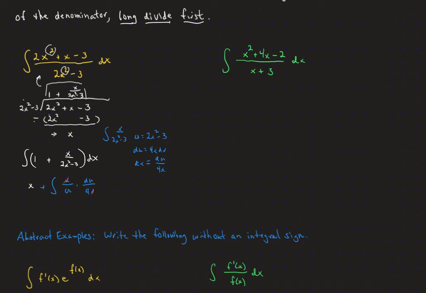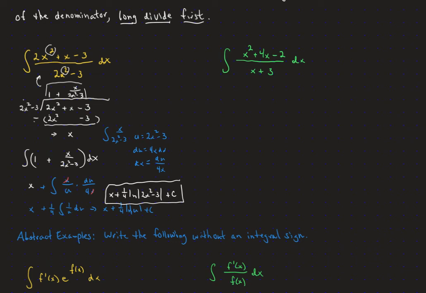We'll account for that extra x. We can pull the 1/4 through and integrate our 1 over u du. So that's going to give us our x, and then plus our 1/4 natural log of u plus c, and then going back to our x's, we'll get x plus 1/4 natural log of the absolute value of 2x squared minus 3 plus c.